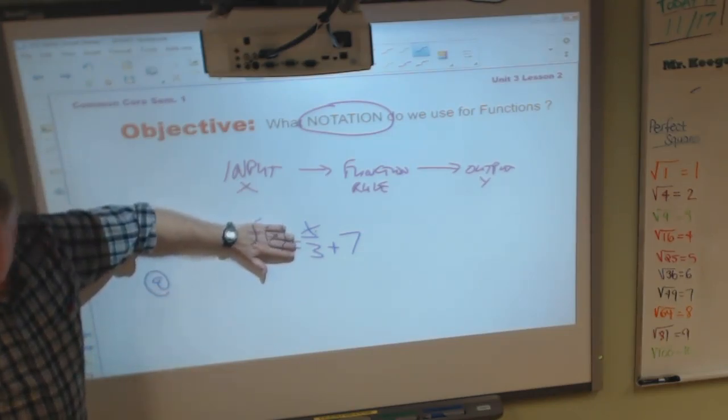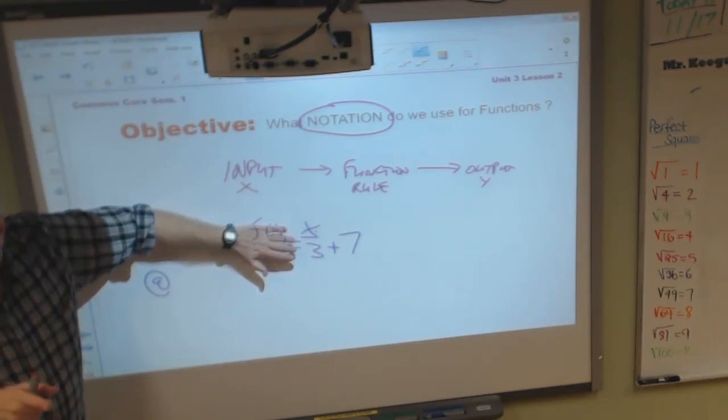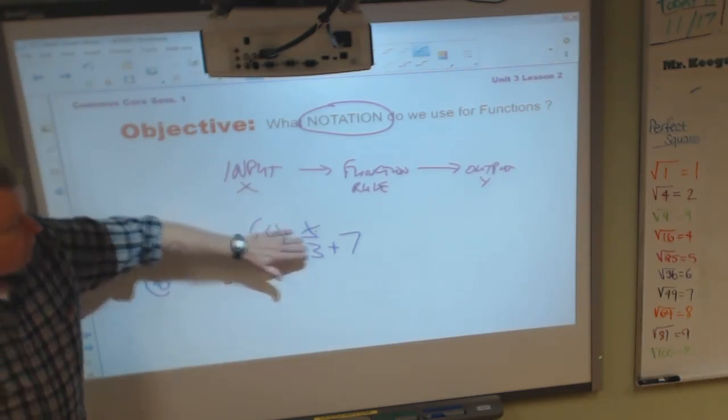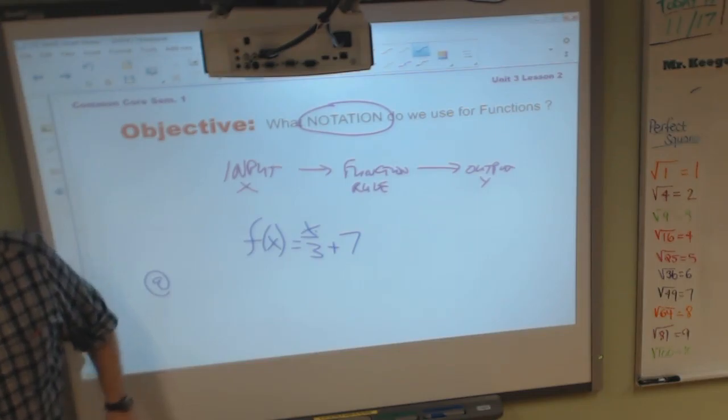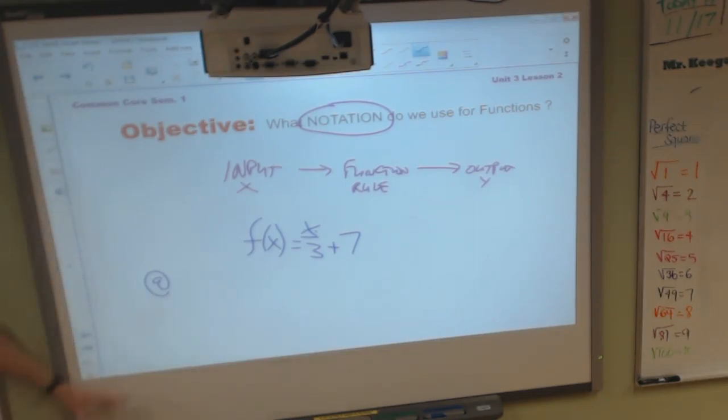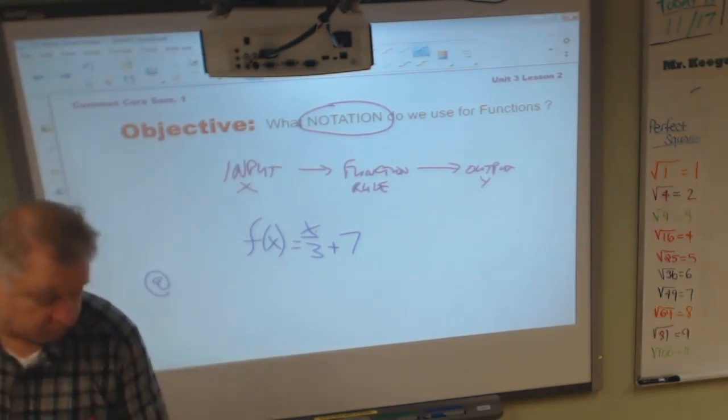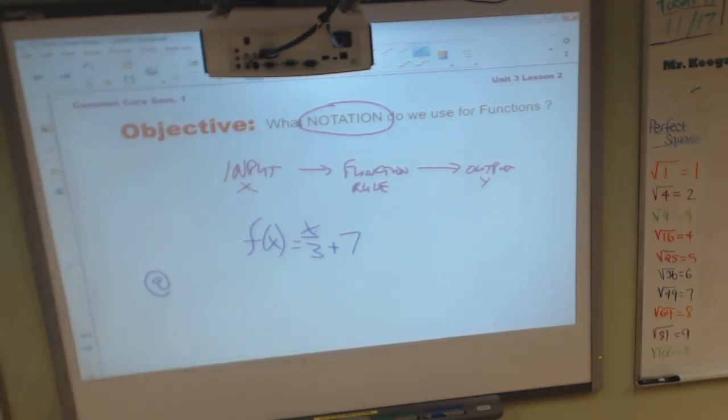It's being divided by 3, and then you add a 7 to it. Just write that in a little sentence. Say the input gets divided by 3, and then it has a 7 added to it. That's for 2A.